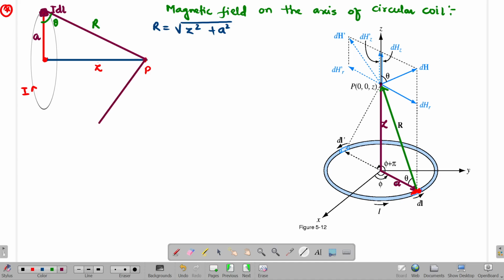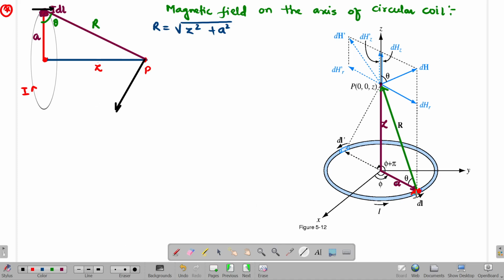So this I dL is like this way, and the magnetic field will be perpendicular to the line joining I dL and R. I dL will have a tangent like this way, and the field is perpendicular to the plane of all of them. Are you able to get me or not?